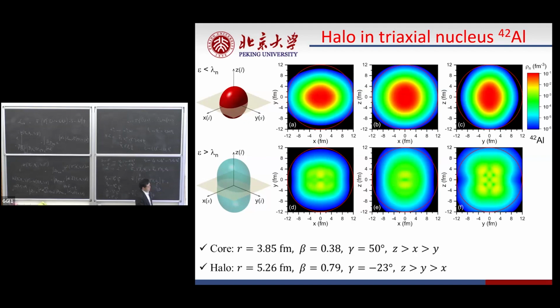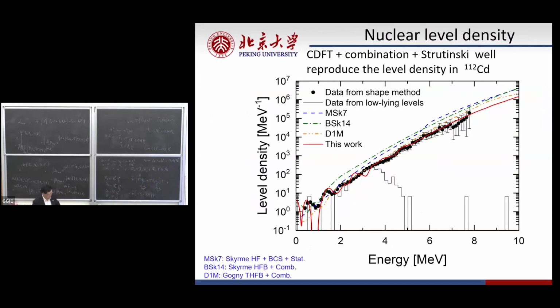And for the halo part it is 0.8, that is really super deformed. And this is gamma equal 50 degrees, and this is gamma equal minus 23 degrees. So that could tell us the case for the deformation.